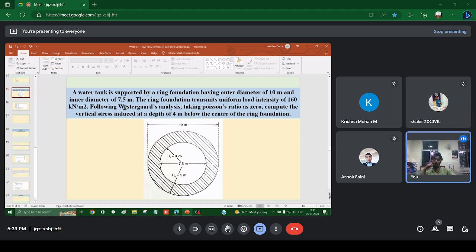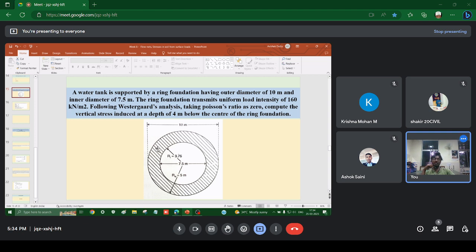In this sum, you have to calculate the vertical stress at a depth of 4 meter below the center of the ring foundation. Means at the center of the foundation, at this point, at a depth of 4 meter, you have to find out the vertical stress. Given that the uniform load intensity of this ring foundation, that is the shaded area, is 160 kilonewton per meter square.